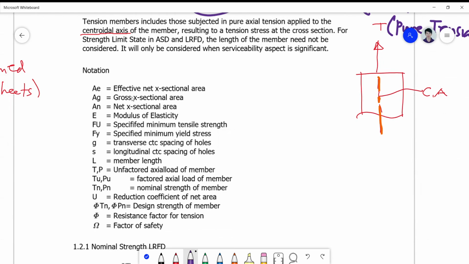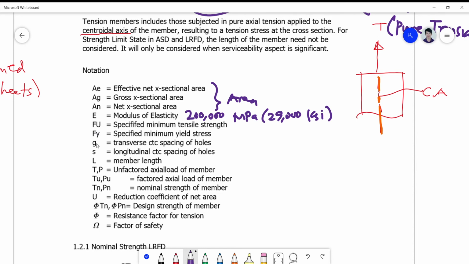We're talking here of the area variables. These are all areas. And E is a property, the modulus of elasticity of steel, which is basically 200,000 megapascal, or 29,000 ksi if we are talking of the English units.